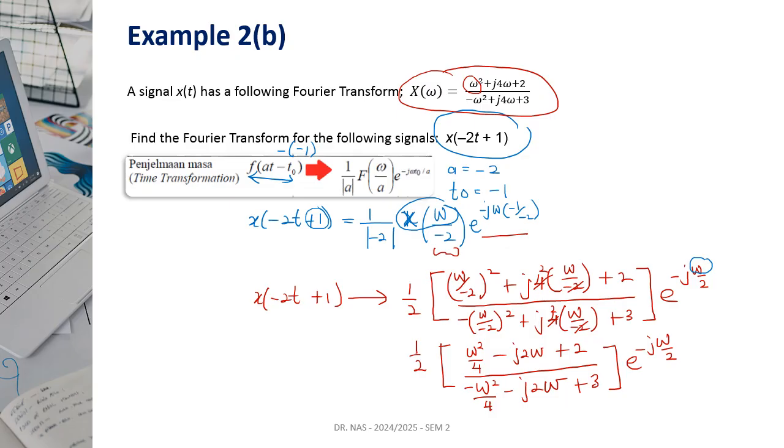This is the function when you have shifting, so there's no change in this exponential function. Therefore, the Fourier transform of x(-2t+1) is this equation.